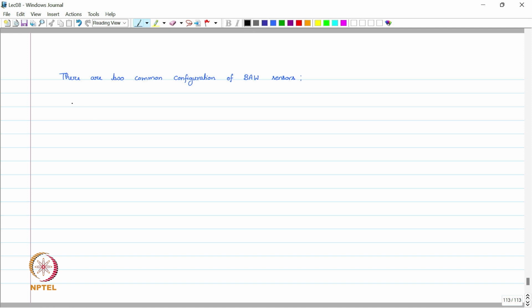The first one is film bulk acoustic wave, or we sometimes call it FBAR, and the second one is solidly mounted.